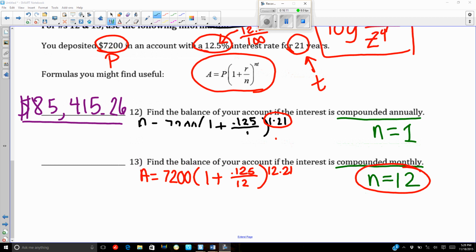And this should be the setup for number 13. So I did a couple things here. I did 0.125 and I divided by 12. And after that, then I added 1. That's where the 1.01 is coming from. Of course, 12 times 21 is where I'm getting the 252. And last but not least, order of operations, exponent before multiplication.